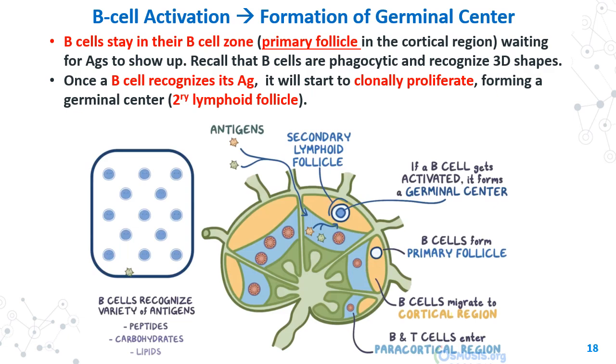Okay, so that's your primary follicle. The cell is starting to divide. All right, so the cell recognizes the antigen, starts to divide in this primary follicle. After you divide a lot, you become a secondary follicle. This is just terms of, are you just seeing the antigen, or are you proliferating a lot?